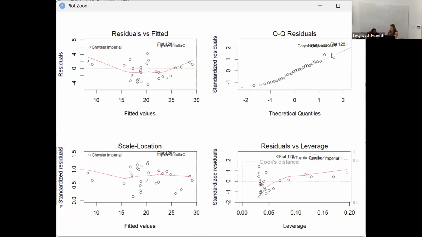It looks like maybe the data is mostly kind of normal, but there's also some outliers up top. And if you look at the residuals versus leverage plot, you could see those same outliers. The text is overlapping, but it looks to me like they're the same cars that are appearing.